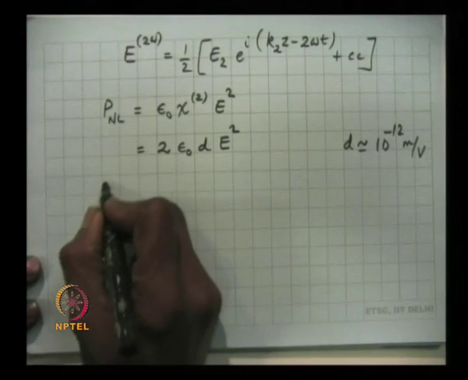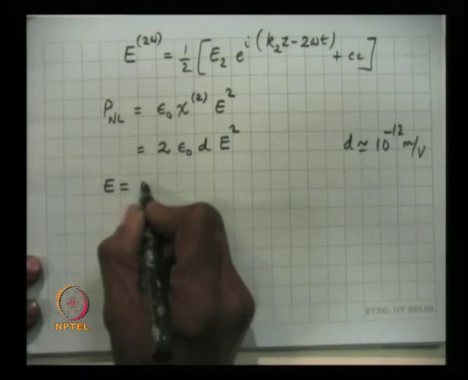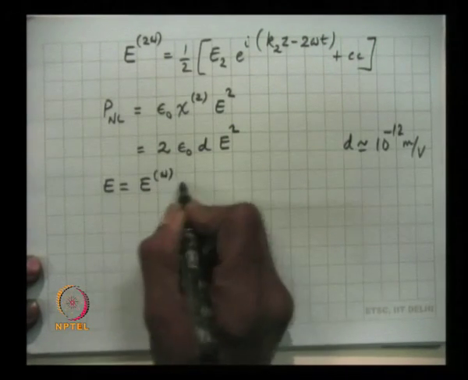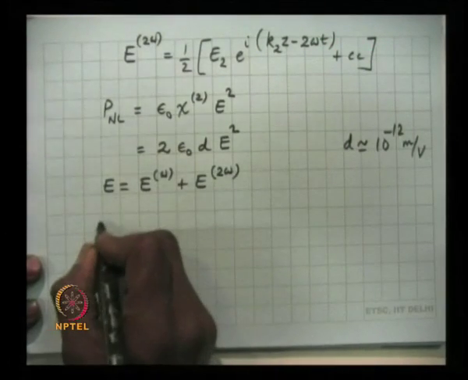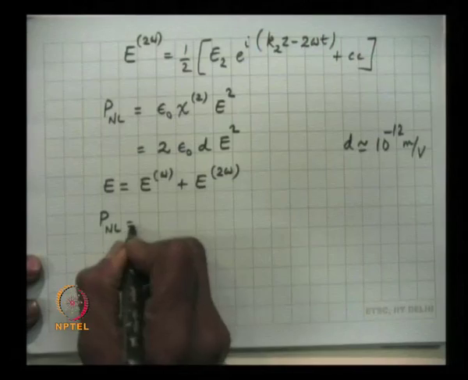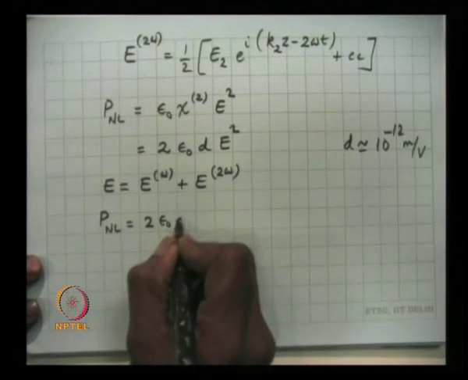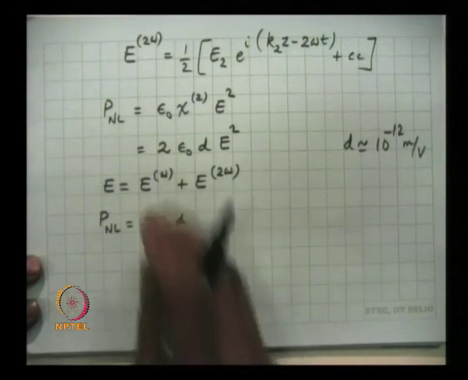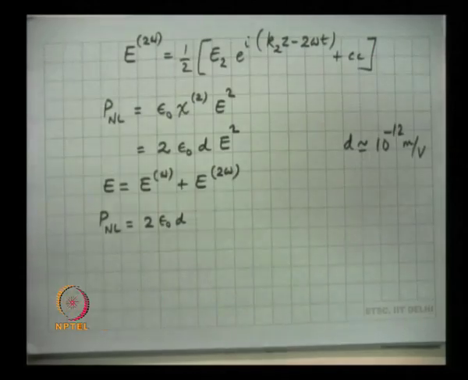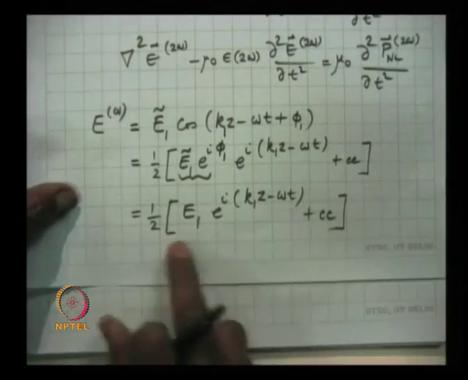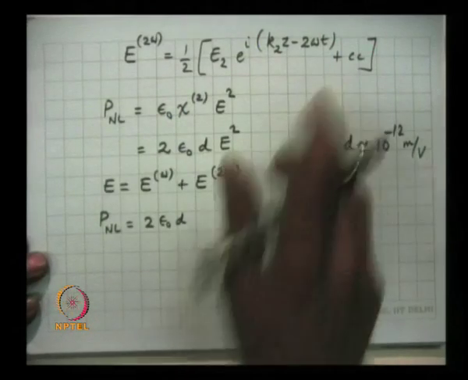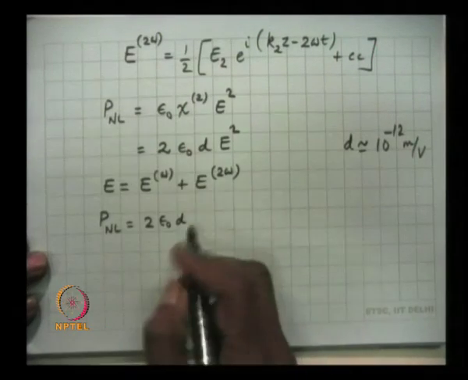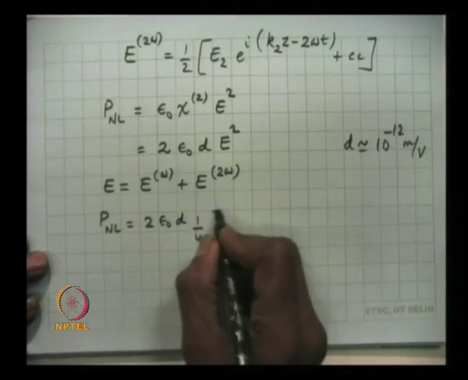So, what is E? E is the total electric field, which consists of E omega plus E 2 omega. So, P nonlinear will be 2 epsilon 0 d. When I add E omega given by this equation and E 2 omega given by this equation and take the square, this factor of half will give me a 1 by 4 outside.